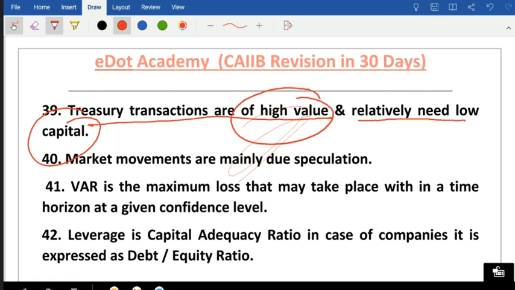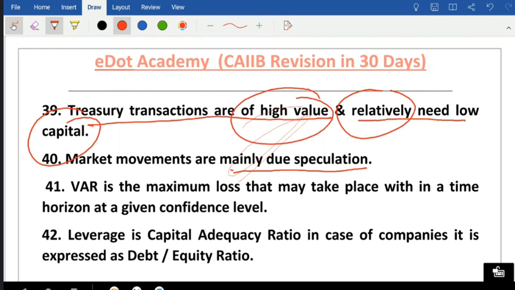That's why they require less capital. They require high value capital, but the expenditure is very less. The maintenance is very low. Market movements are mainly driven by speculation because many people want to earn profit so quickly. So there is a quick change in the market.